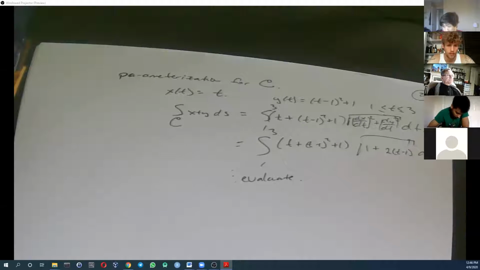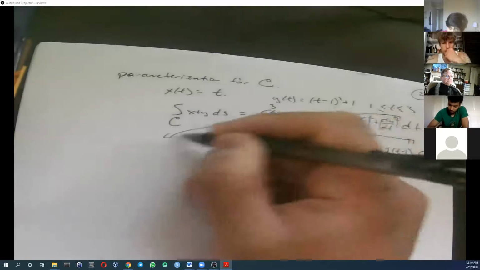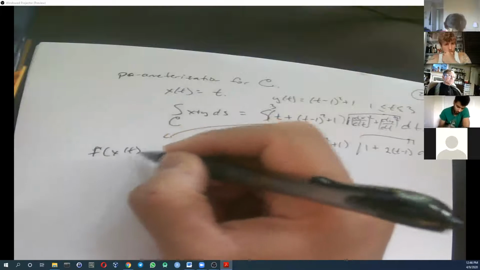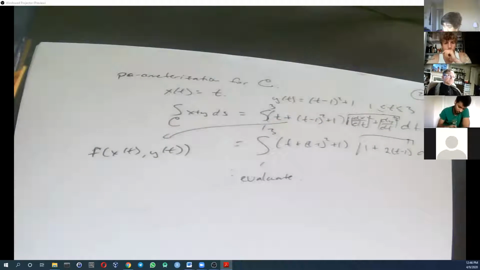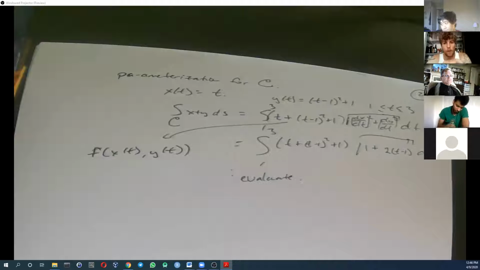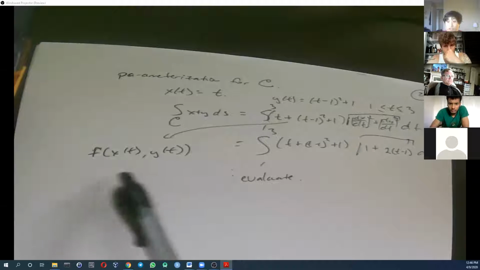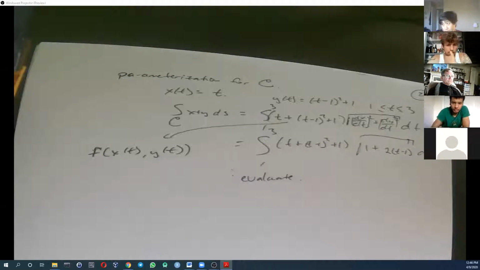That's our function evaluated on the curve we're interested in. Right, so this is f of x(t), y(t). We're integrating our function only on the curve, so this restricts our function to the curve.